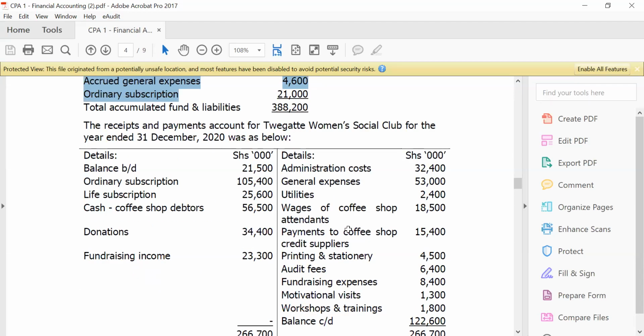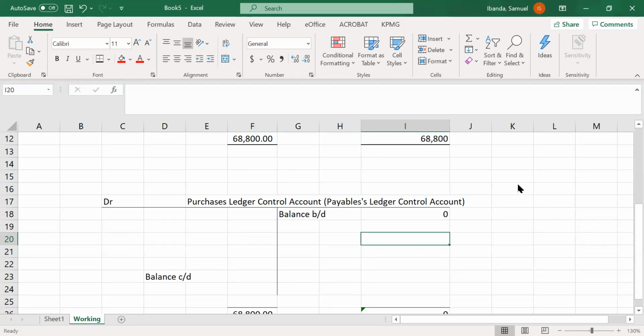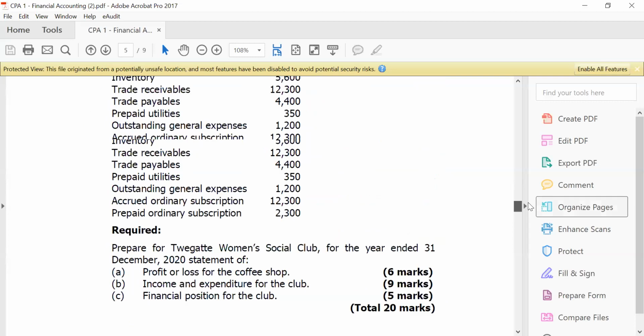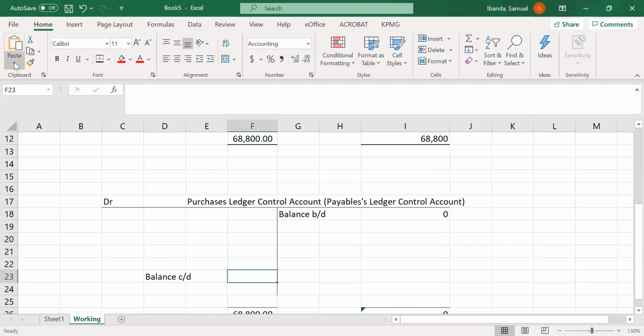What about balance carried down? Balance carried down represents the balance at the end of the period. When I come here, trade payables, my balance is 4,400. So I'll go and check it there, 4,400.